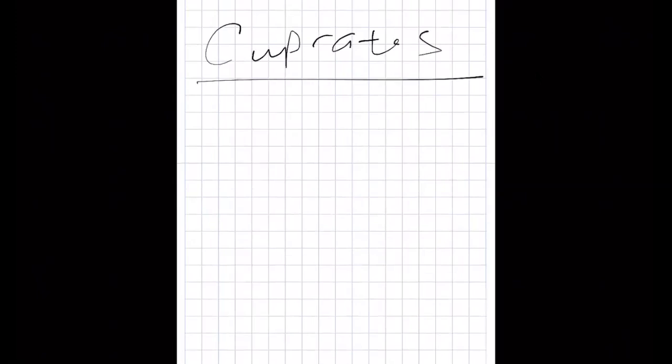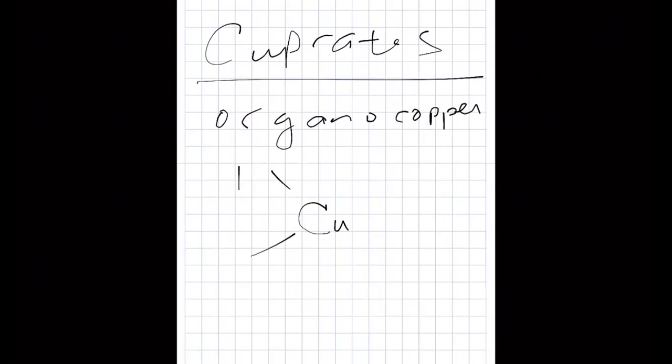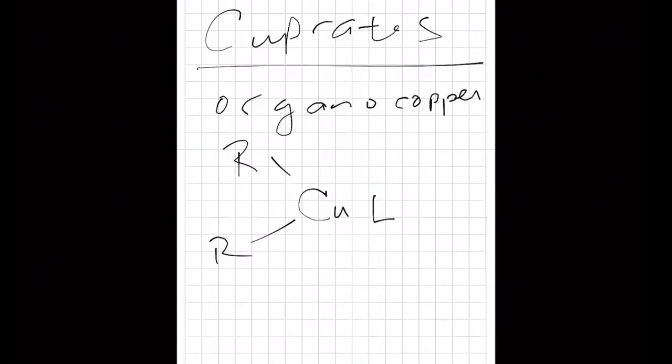So a cuprate again is an organocopper compound. In the basic structure, you have a copper, you have 2 groups attached to that copper, and then that copper also is a salt with lithium.